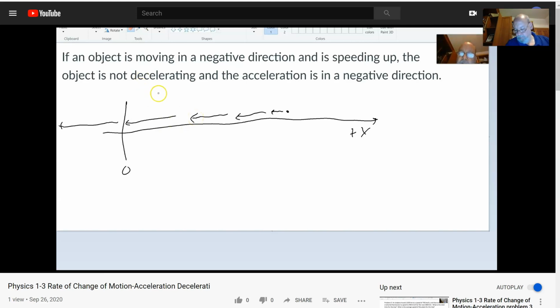So it's not decelerating, and the acceleration has to be in the negative direction, right? The acceleration arrow has to be in the direction of increasing velocity arrows. And this is the direction of increasing velocity arrows. So this would be the situation where I have a negative increasing velocity, which means my acceleration is in the negative direction.